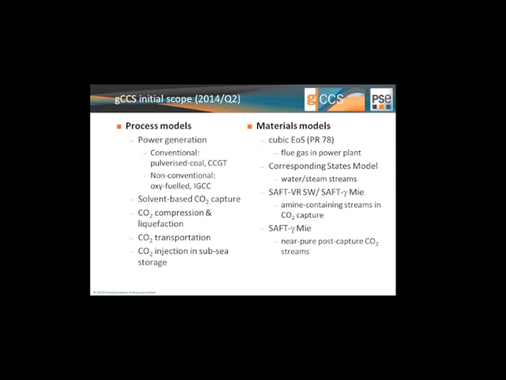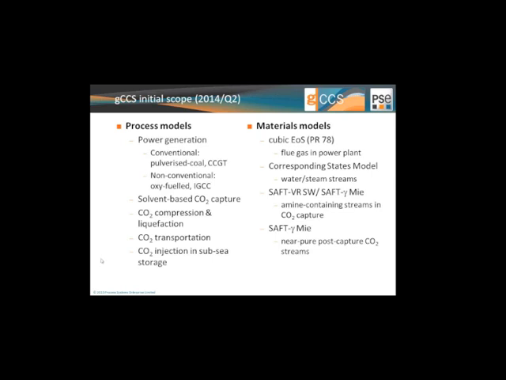You will notice that we have chosen a very innovative equation of state for the mixtures downstream of the power plant. In fact, PSE acquired the rights to commercialize the SAFT technology developed at Imperial College as of last year, and gCCS will incorporate the state-of-the-art equation of state from its release.